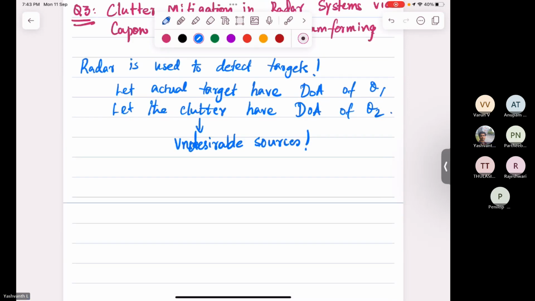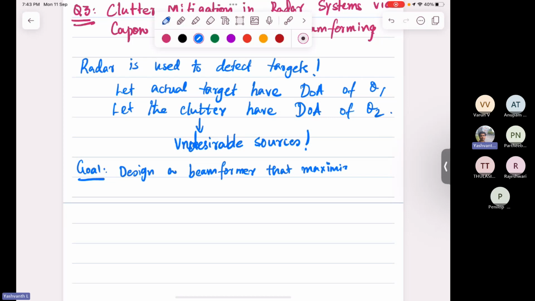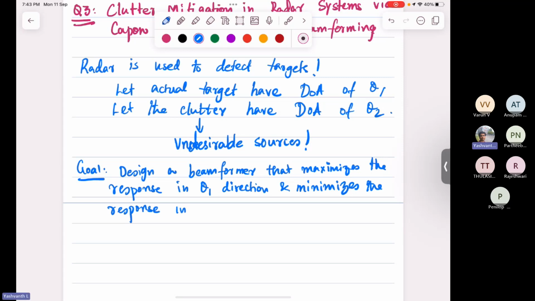So basically the goal is to design a beamformer that maximizes the response in theta1 direction and minimizes the response in any other direction.